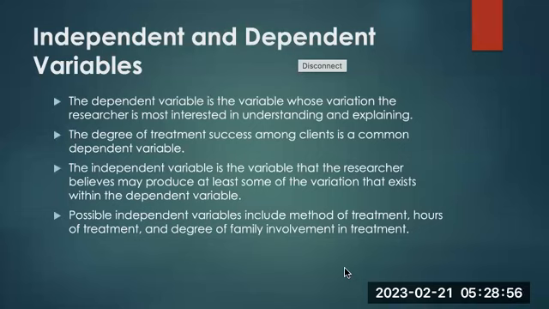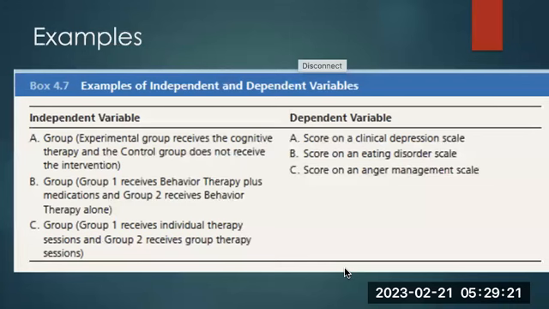In this case, the degree of treatment success among clients is a common dependent variable. And the independent variable is the variable that the researcher believes may produce at least some of the variation. So for example, in research, this could include the method of treatment, hours of treatment, and degree of family involvement.